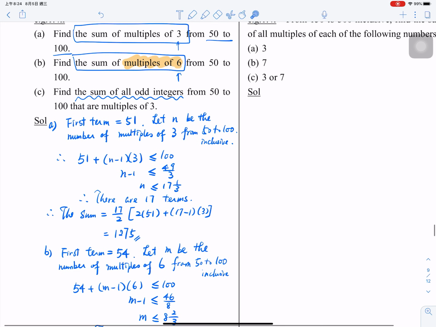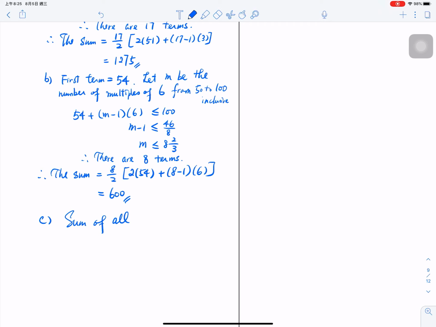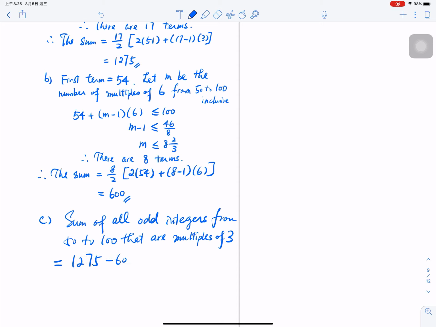So the sum of all odd integers from 50 to 100 that are multiples of 3 equals 1275 minus 600. Then you get 675 as the answer.